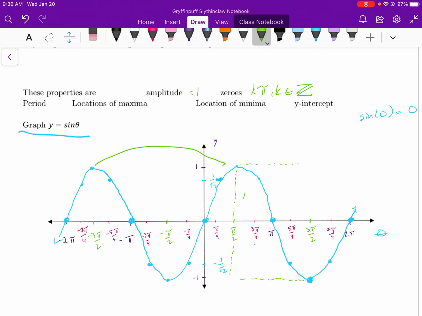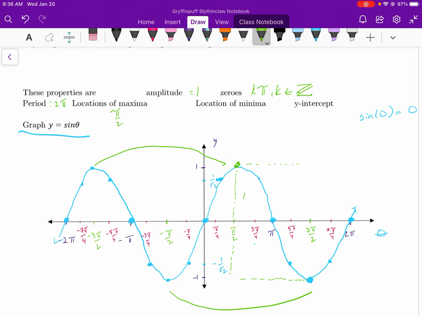Period means what is the horizontal distance it takes to repeat the graph? It's probably best measured crest to crest or trough to trough. This way, there's no real confusion. So negative 3 pi over 2 to pi over 2, the period of the sine wave is 2 pi. That is, the graph repeats itself every 2 pi.